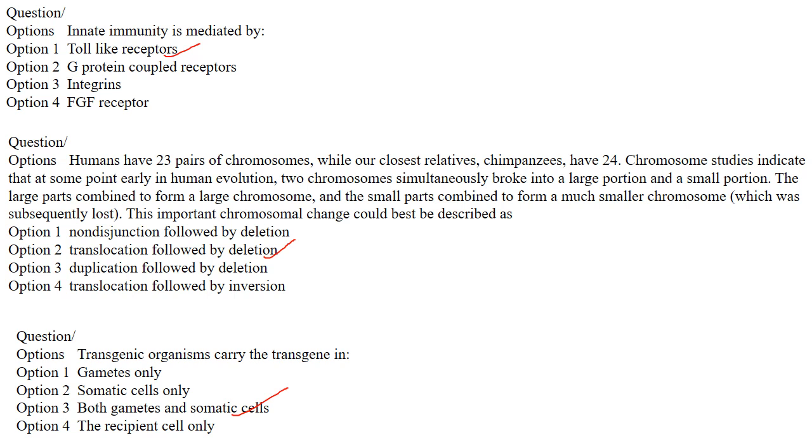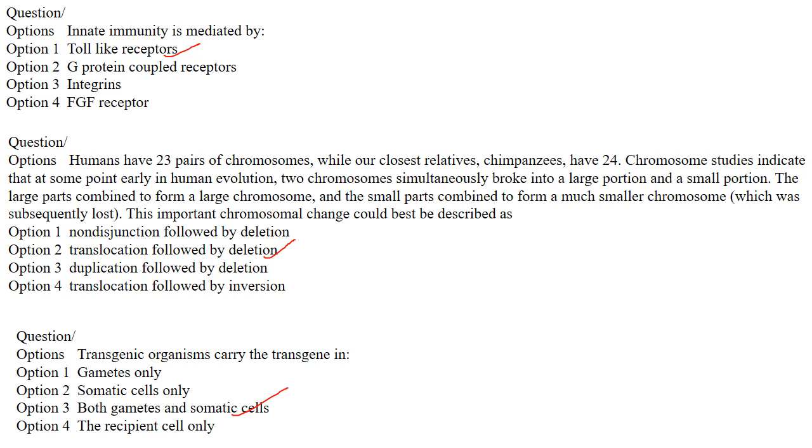The important chromosomal change can be best described as translocation. Translocation is a type of chromosomal abnormality in which a chromosome breaks and a portion of it reattaches to a different chromosome. So here it is translocation followed by deletion. There is translocation, then later the smaller parts combine to form a smaller chromosome, which is subsequently lost. So there is deletion also. So the answer is option 2.